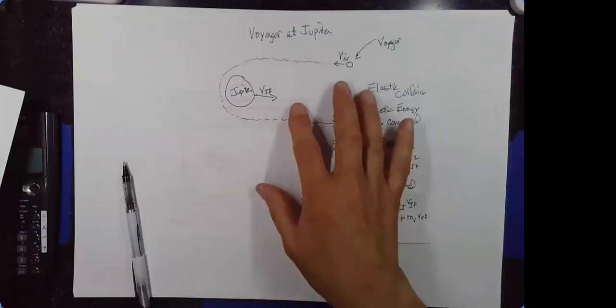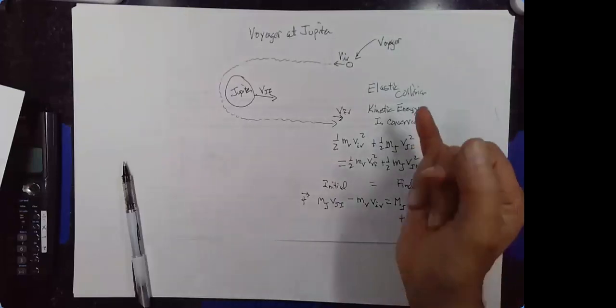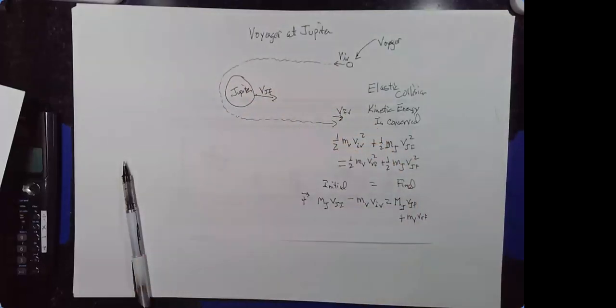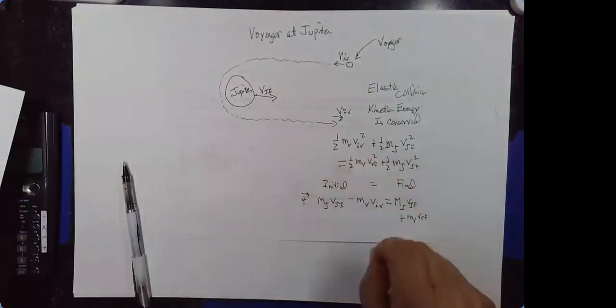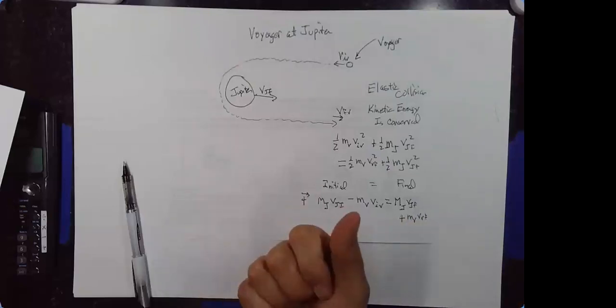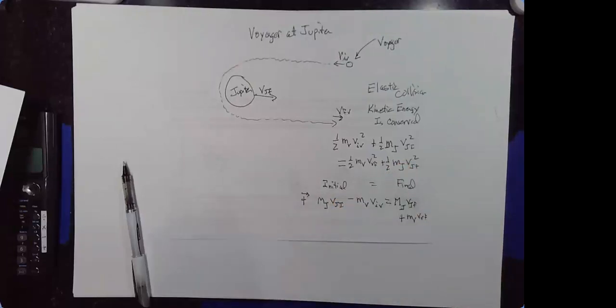And it was this encounter with Jupiter that gave one of the Voyager spacecraft enough energy to leave the solar system. The other Voyager spacecraft did this gravitational encounter at Jupiter, went by and visited Saturn, which gave it another gravitational slingshot effect, and it went by Uranus and just flew by that planet, took lots of pictures, measured things with instruments, and then it went by Neptune and did the same thing.